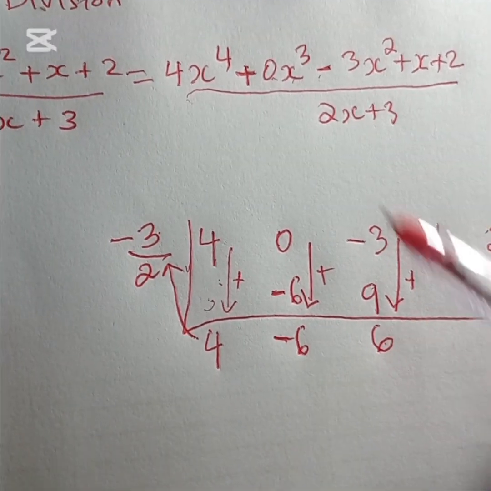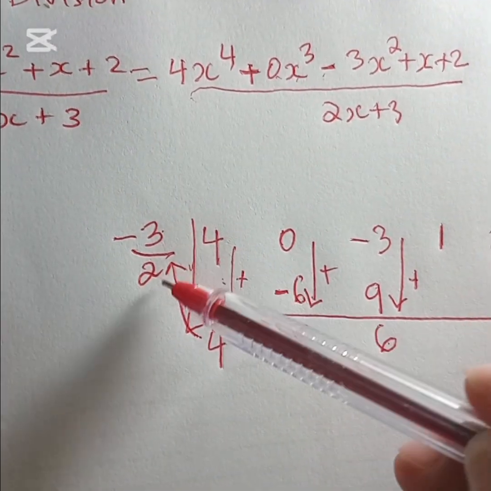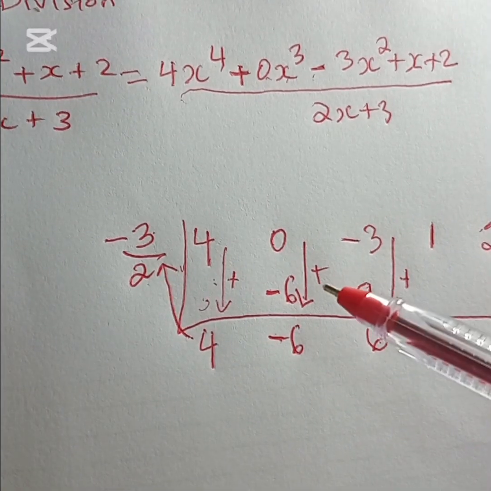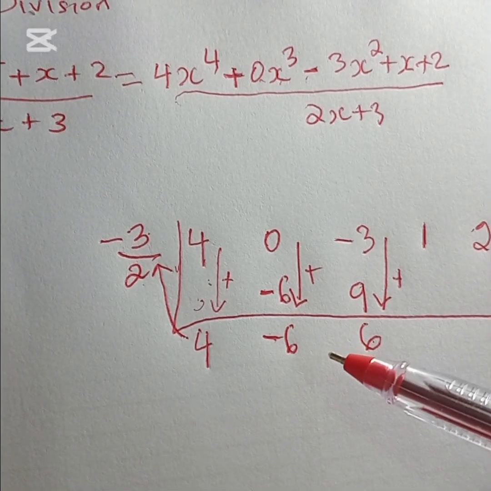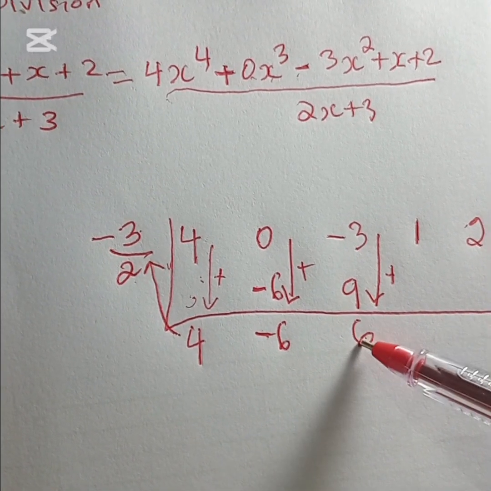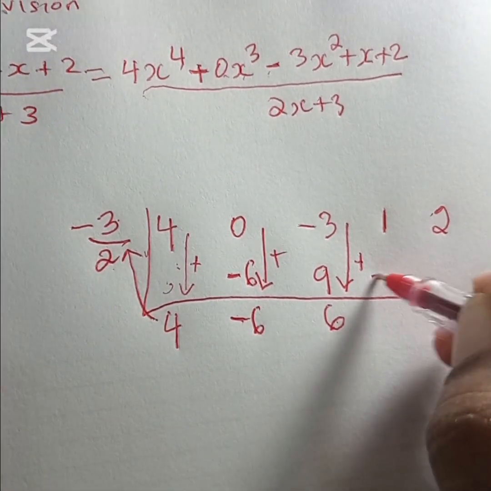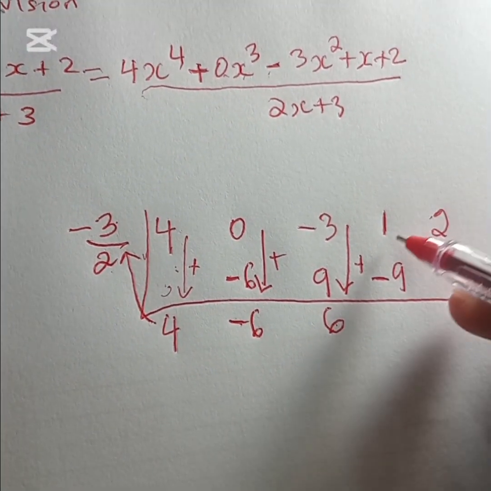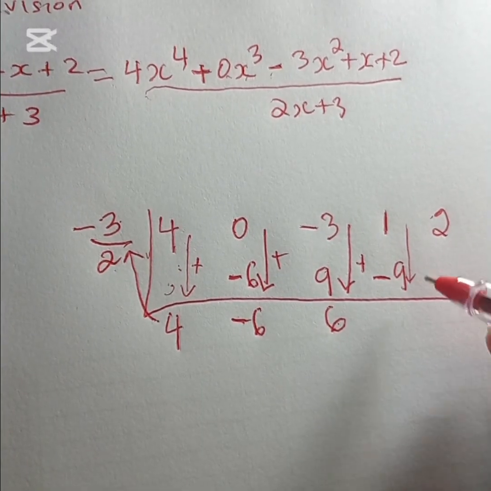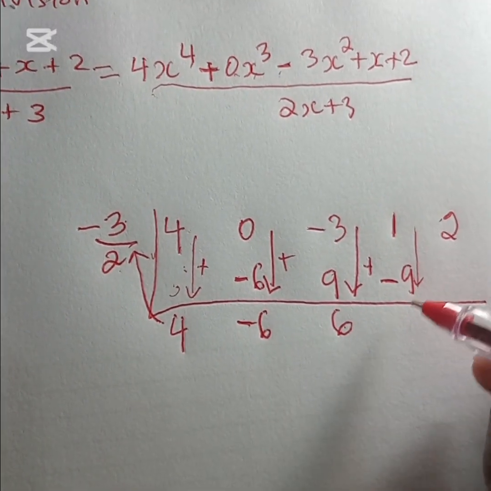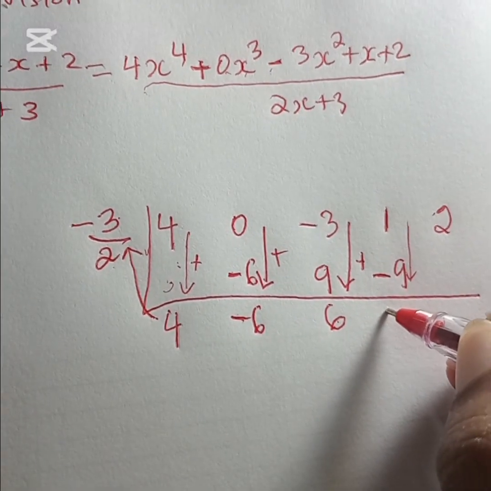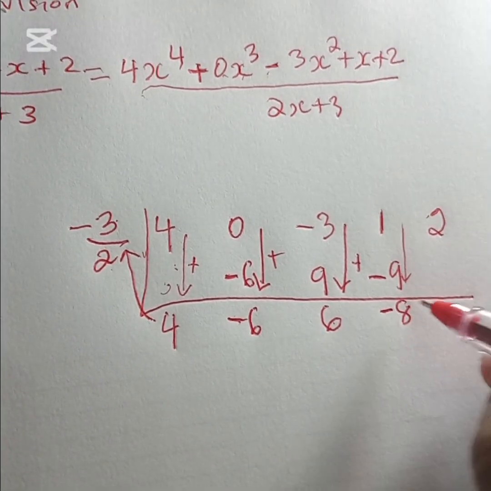And then 6 times negative 3 on 2 will be a negative 9. Positive times negative is negative. So it's a negative 9. And we add down, 1 plus negative 9 is negative 8.